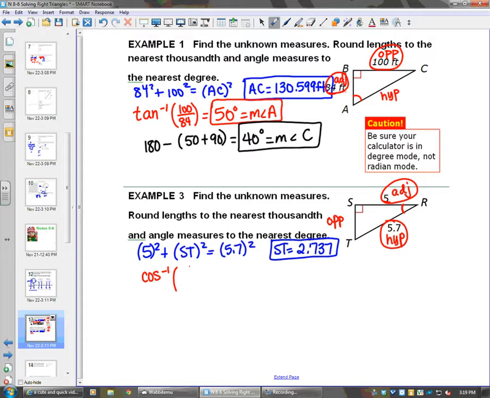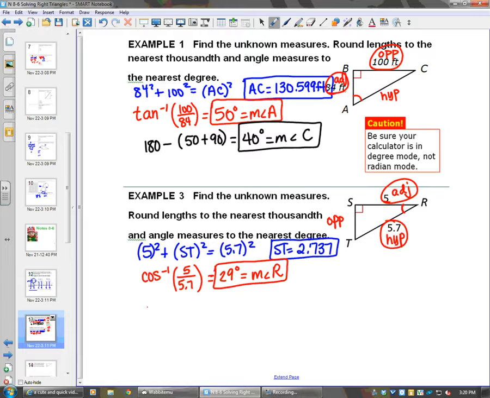So inverse cosine of what? Our adjacent side length of 5, good, over our hypotenuse of 5.7, excellent. And when you type that in the calculator, and you round that to the nearest degree, what do you get? 29 degrees, perfect. And that was the measure of angle R.